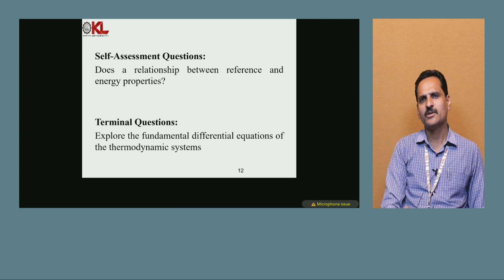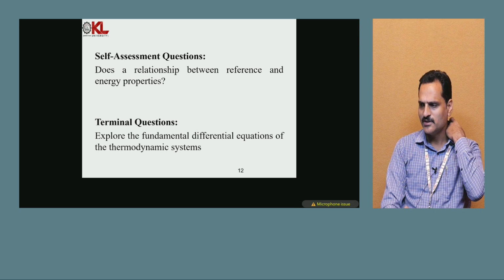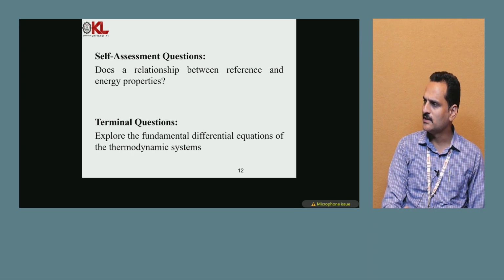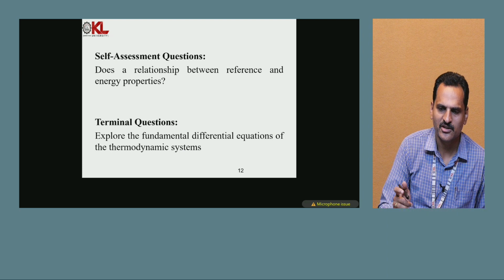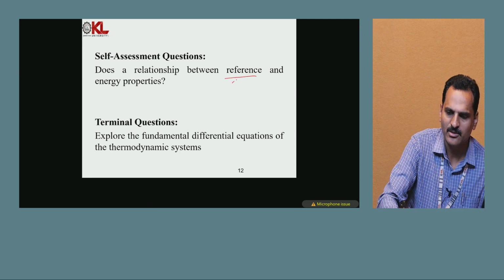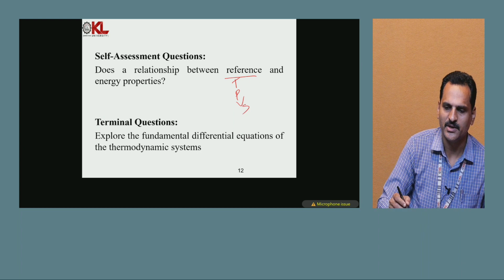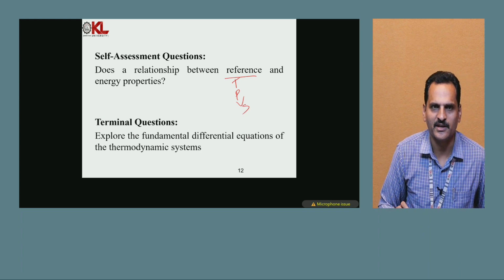Primary properties or reference properties can be measured directly, such as temperature, pressure, volume and entropy. These properties can be measured directly.